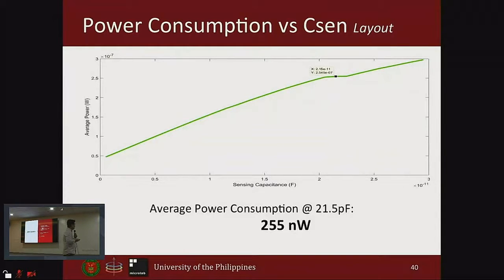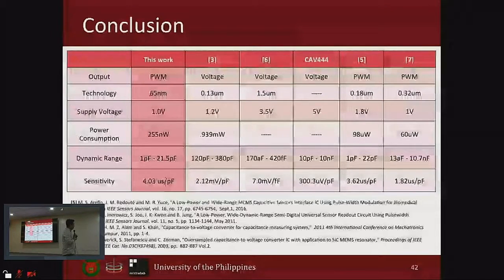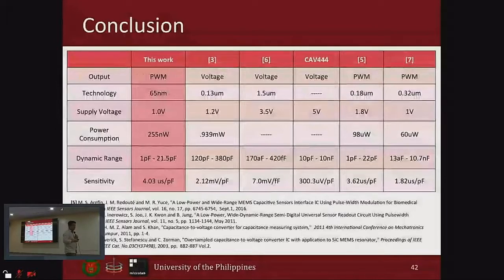So in conclusion, this is the work that was done, highlighted in pink, along with the different types of other similar capacitance sensors. In terms of power consumption, we managed to implement a very low power circuit.